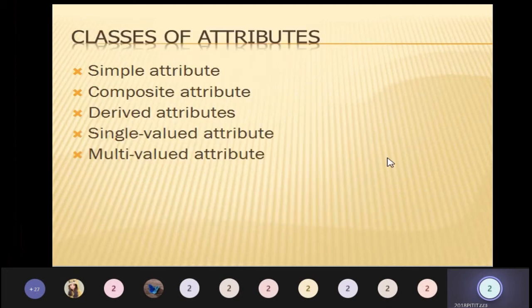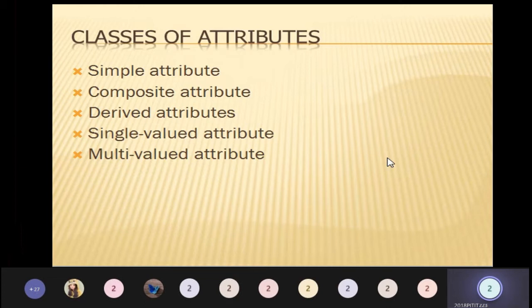Next let us see about the classes of the attributes. The attributes are classified as simple attribute, composite attribute, derived attribute, single-value attribute, and multi-value attribute.